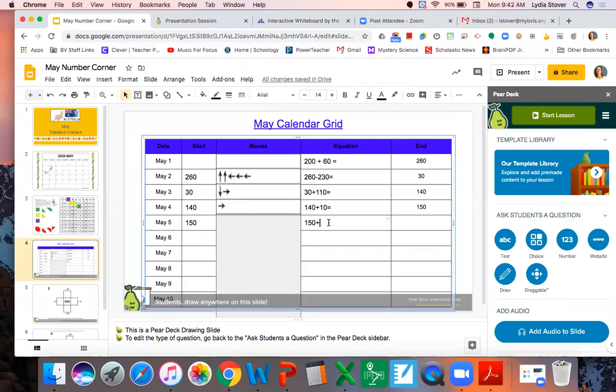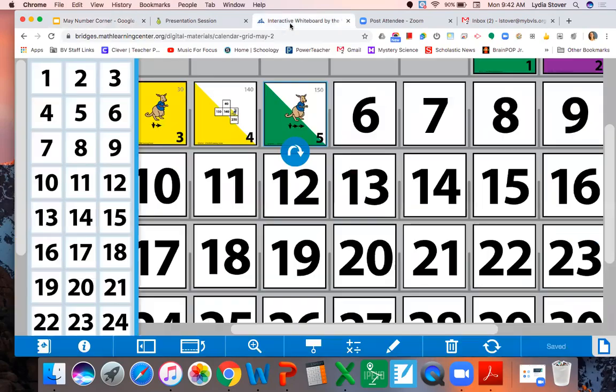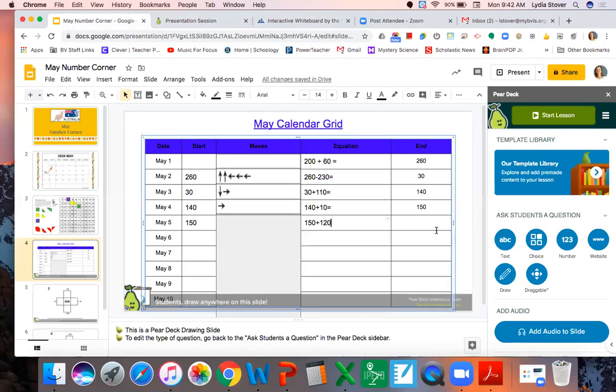All right, I'm seeing some of you put 120, and that is correct. It's 120 because she went down 100 and over 2 tens. That's 120. What does that equal? I'm looking to see if we have solutions.